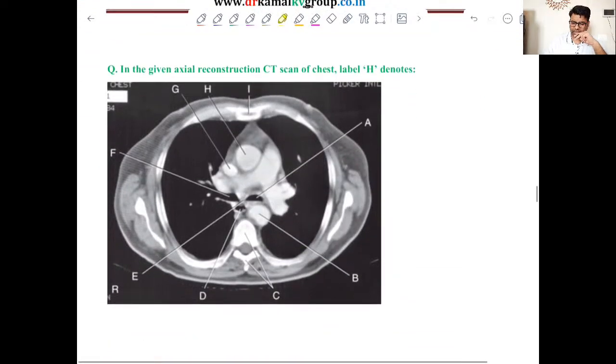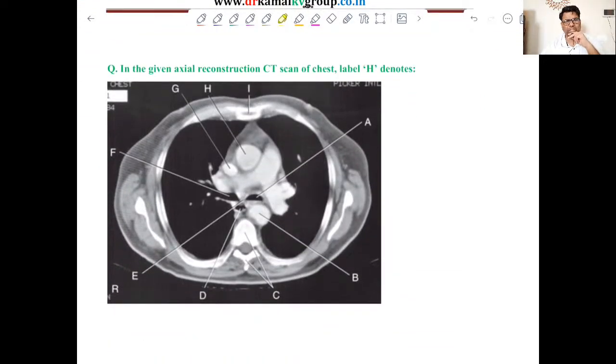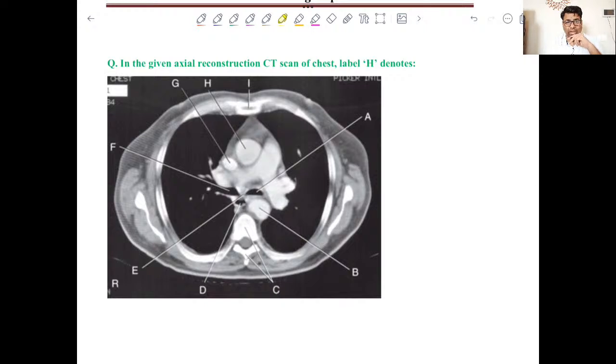Again, very good question, and this kind of question is the norm nowadays. Always you will have a question with some labeling, and then you are supposed to identify the structures. Whenever we have this kind of question, sometimes we may not know the exact answer, but if we can apply the knowledge, we can get somewhere around the answer.